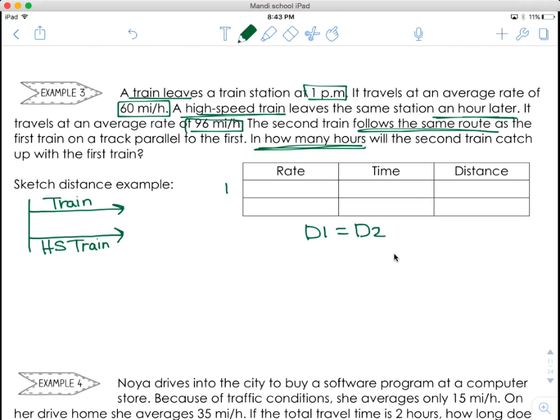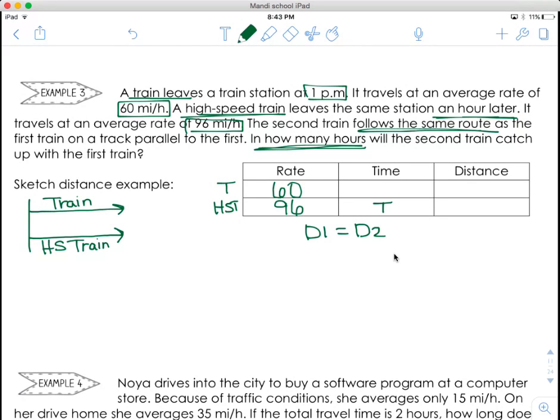So let's use a T for train and an HST for high-speed train. The regular train travels at 60 miles per hour. The high-speed train travels at 96 miles per hour. It's asking us in how many hours will the second train catch up with the first train. So we're going to make our second train t.